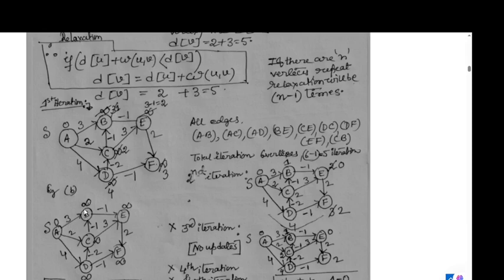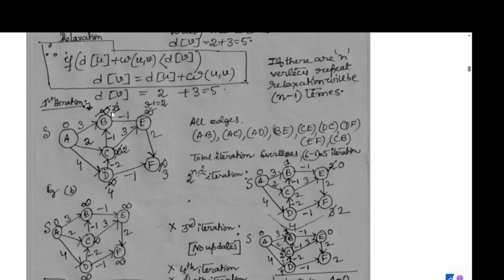So this infinity will be updated by 3. Then we have AC. Initially all vertices will have infinity distance. So B also infinity, E also infinity, F also infinity distance from A, D also infinity from A, and C also infinity from A. So in this case, A to B is infinity distance, and we update infinity by 3.